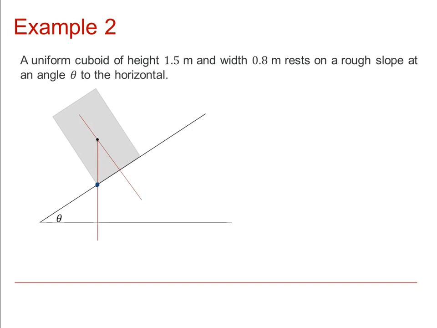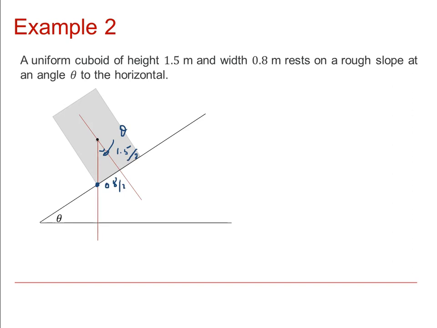So if that's the case, all we need to do is to work out the trigonometry of this. That angle theta is also equal to this angle here, and we know that the box is 1.5 high, so that must be 1.5 divided by 2, and it's 0.8 wide, so 0.8 divided by 2.